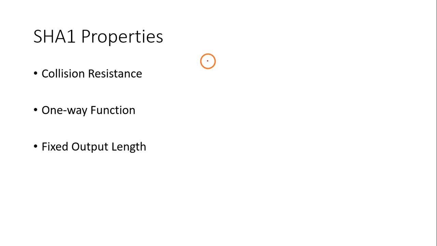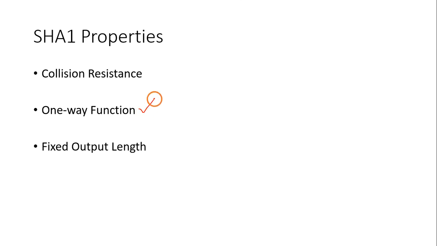That means an attacker cannot find a pair x, y which will produce the same hash value. Even if the attacker already knows x, the attacker cannot find y which will equate to the same hash h. This property is called collision resistance.